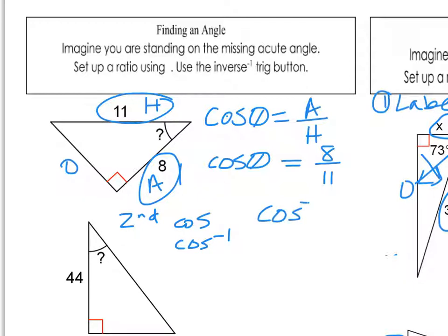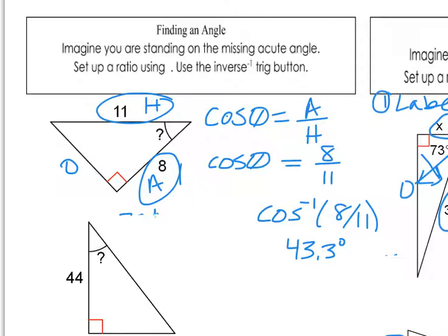It should be cosine -1, 8 over 11 is what you're trying to type in. And you should get 43.3 degrees. So once you get the hang of it, it's a lot faster than having to solve for a side if you know to use the inverses.